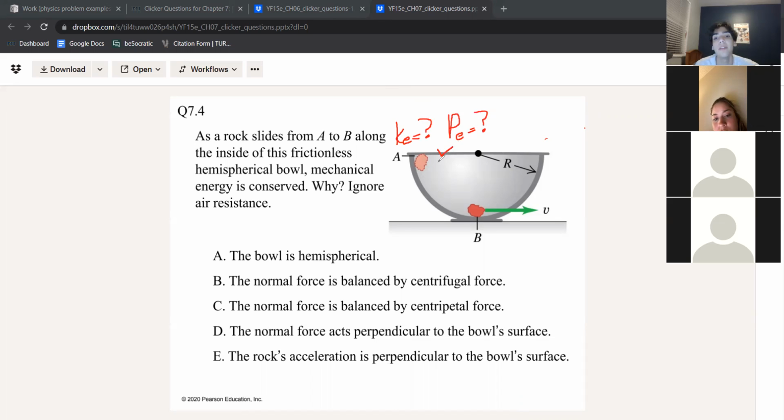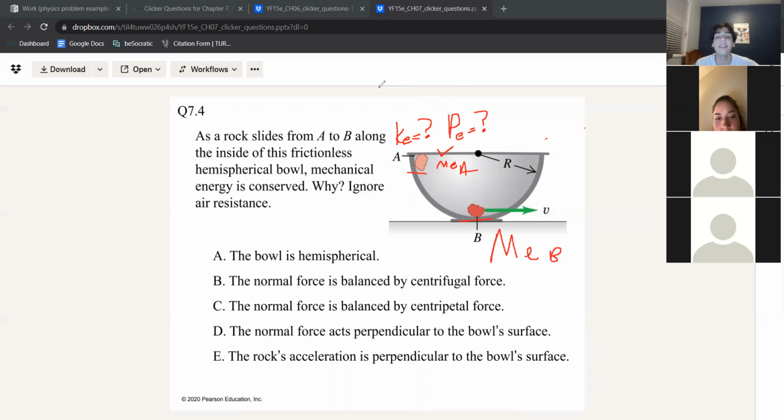And they add up to something that's the mechanical energy at A. The mechanical energy at B is the same thing, right? That's what we know about conservation of mechanical energy. The total amount of energy at A is the same as the one at B.